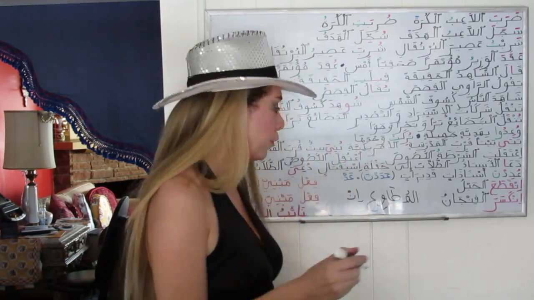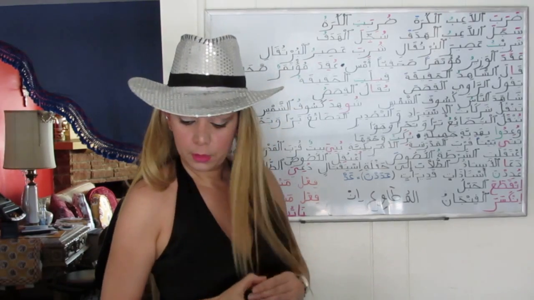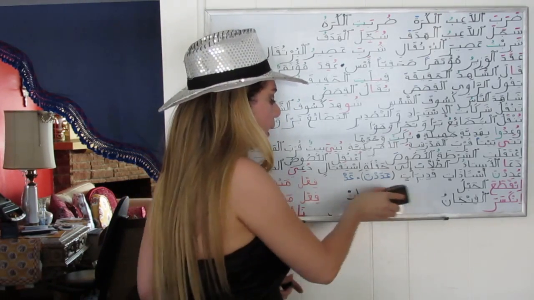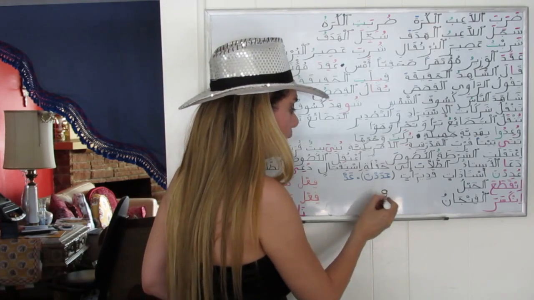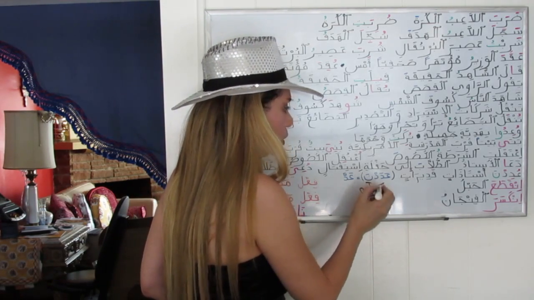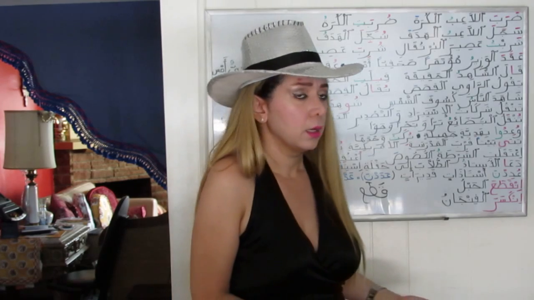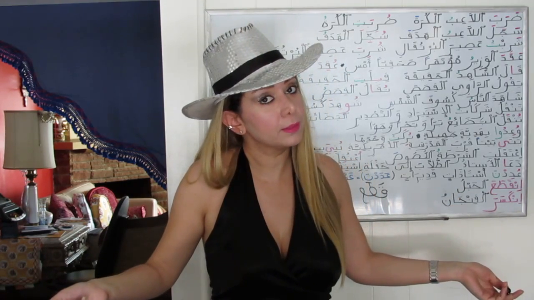So انقطع is derived from form 1 قطع. قطع is to cut. So if you say قطع الحبل, he did it voluntarily. Alright? But if you say انقطع الحبل, it happened. Okay?